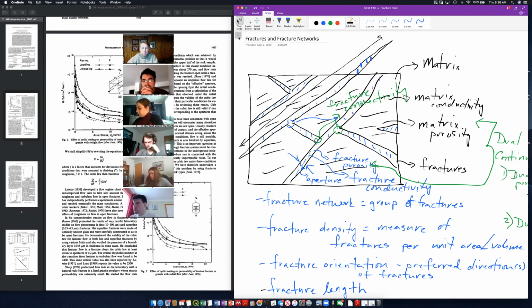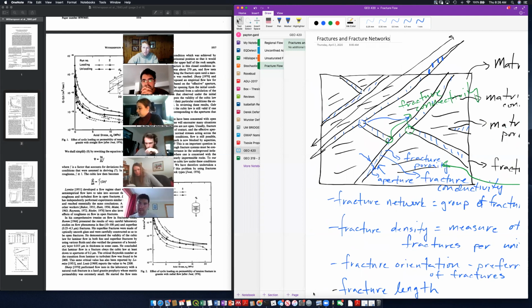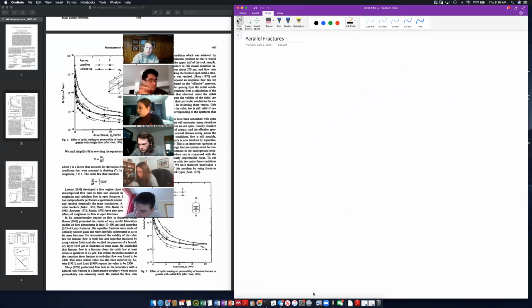So let's open up a new page and talk about parallel fractures. This is one way that we try to simplify and deal with the situation, is to just think about sets of fractures. So I'm going to change colors and try to draw some straight lines here.